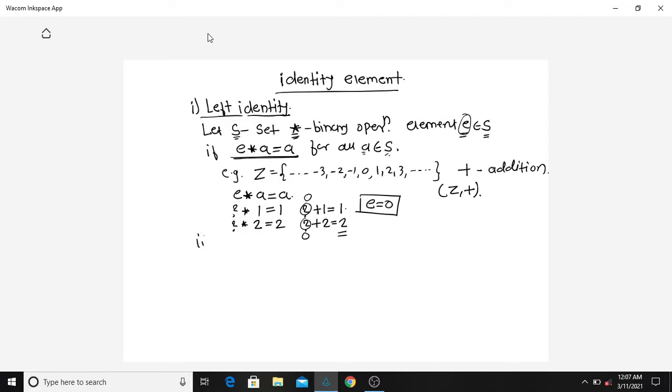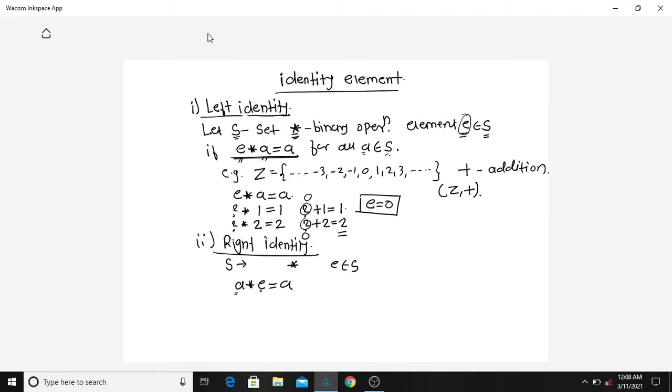Similarly, I can define right identity. So S is the set, star is a binary operation, then an element E that belongs to the set S is a right identity if A star E gives you A. Right identity means the element E is written after element A. Left identity means first you write the identity element, then that element.